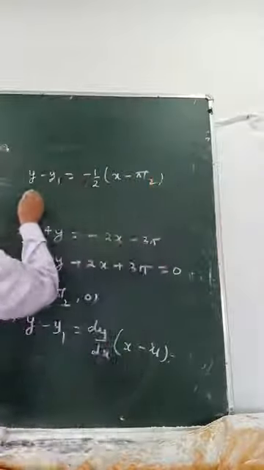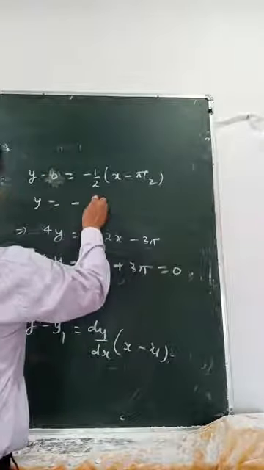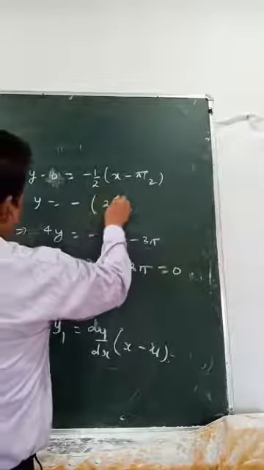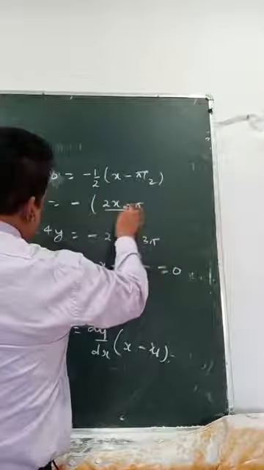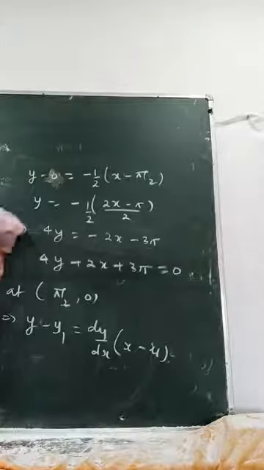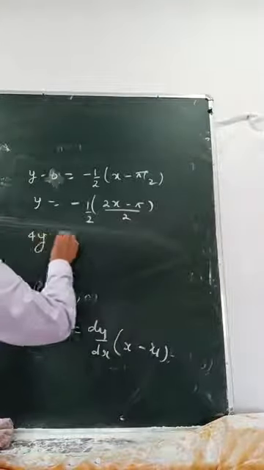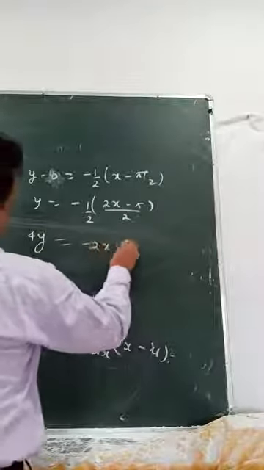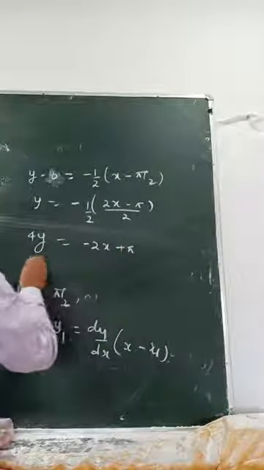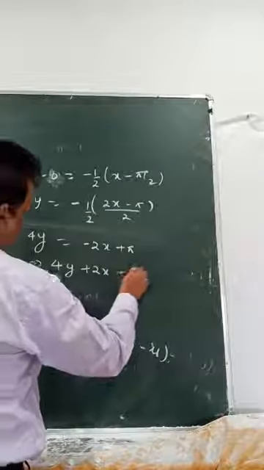Let's calculate this: y minus 0 here. y equals minus 2x minus pi by 2. So 4y equals minus 2x plus pi. 4y plus 2x minus pi is 0.